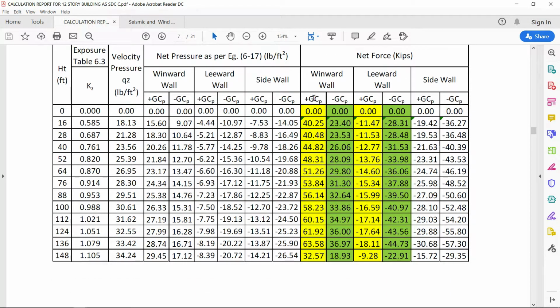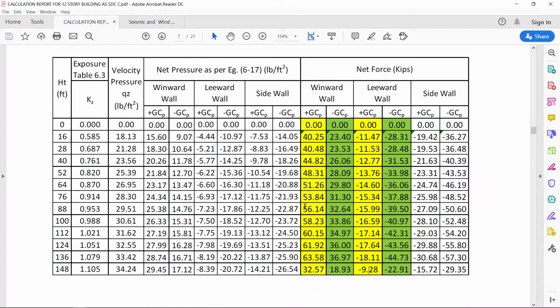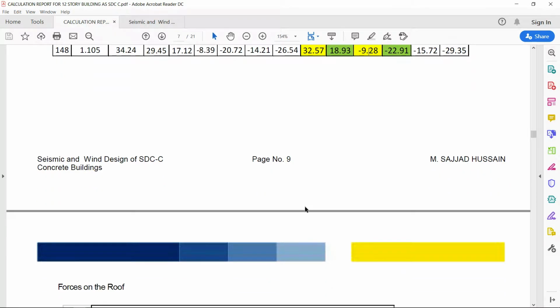You can see that if I add the windward wall and leeward wall values, like 32.57 and 9.28, this comes out to be something around 41-42 kip, and I checked these values. When we add these two, the net result is the same as it is compiled in the calculation book. So that means up to here the wind load calculated by STAAD is in line with the documented values. That was fine.